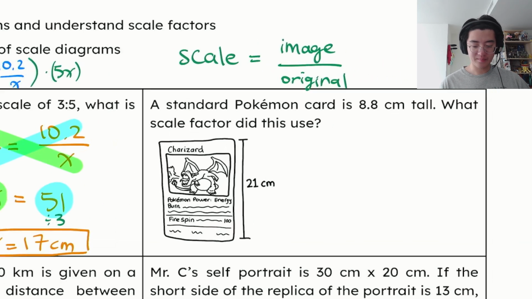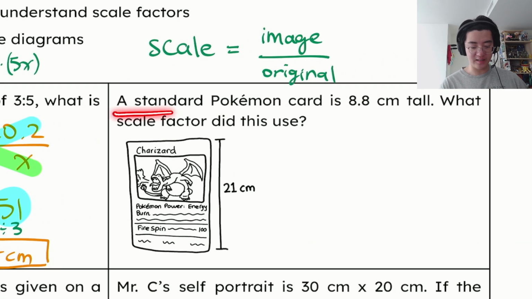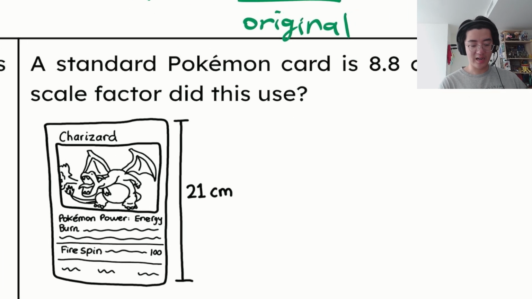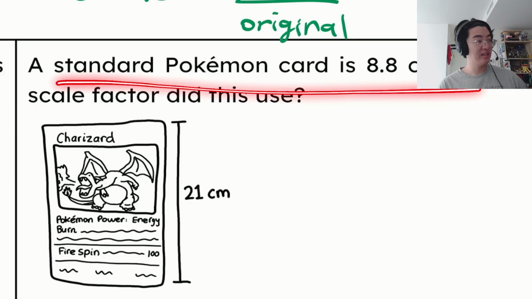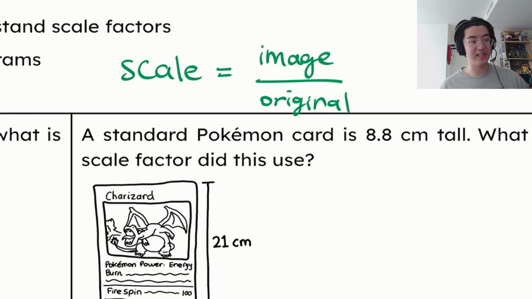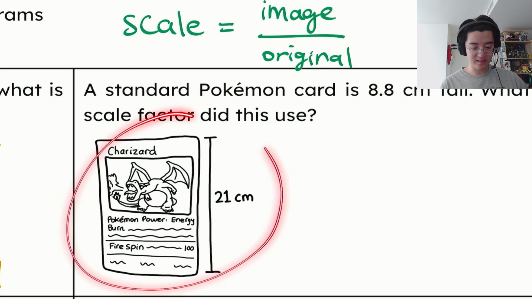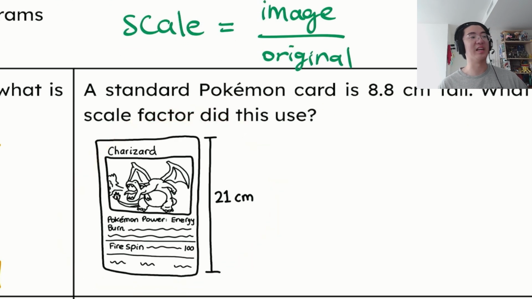Okay, next. I'm telling you the standard Pokemon card is 8.8 centimeters tall, which is true. So what scale factor did this use? If I've given you that the standard size is 8.8 centimeters tall, this is the actual size. And this right here is an image, saying that this is 21 centimeters.